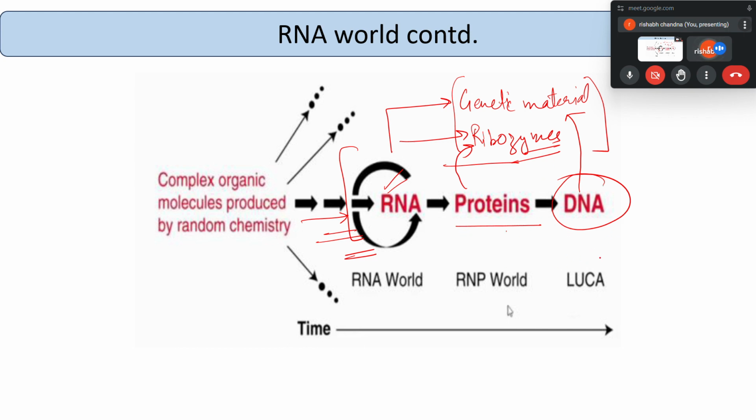So this was the last common ancestor, that had DNA as the genetic material, protein as the catalytic molecule, and RNA to perform various other functions related to the protein or DNA or the transmission of information.